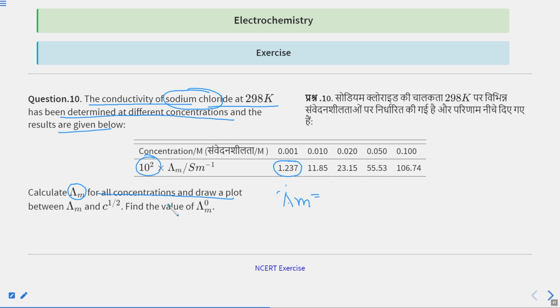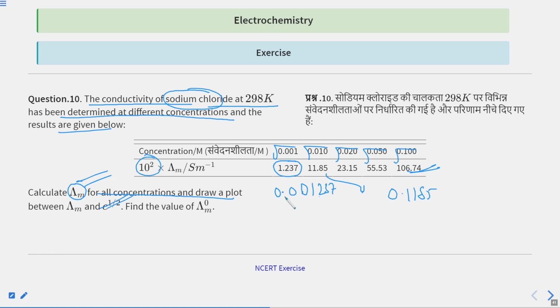Clear? Now, after you get lambda m from the values that are given, since it is 10 square, the actual value would be 0.001237. Similarly, this will be 0.1185. Just put the point two digits to the left of the decimal. Once you get lambda m, plot it against root c. Concentrations are given, so take the root of it.